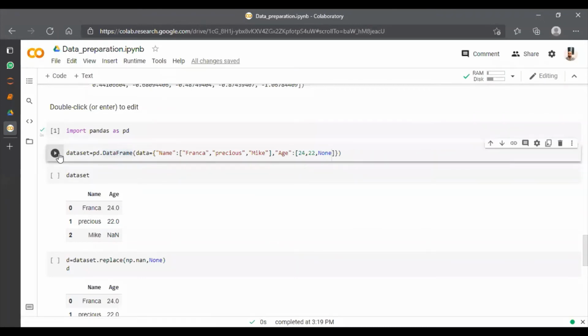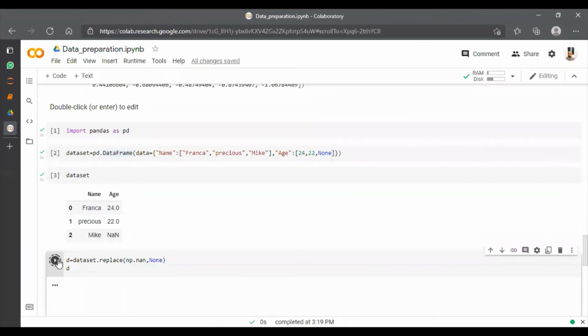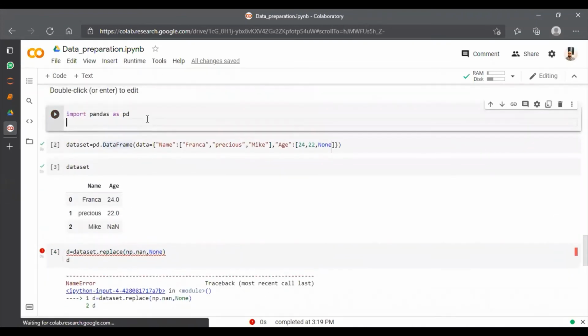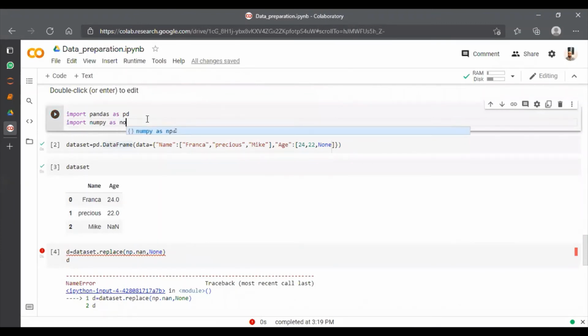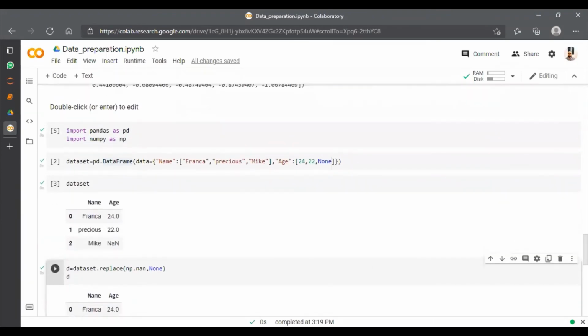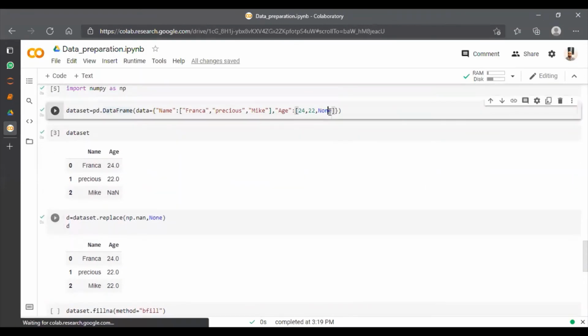All right, I already refreshed the kernel. It's still the same thing.